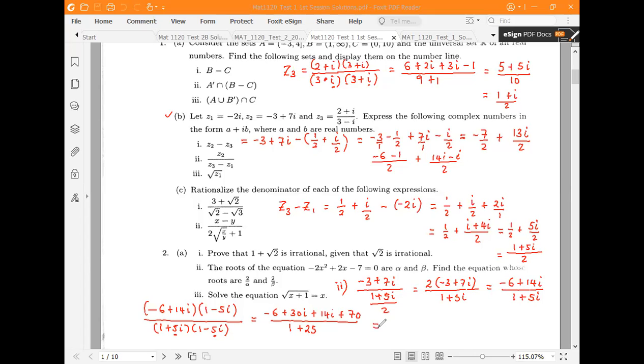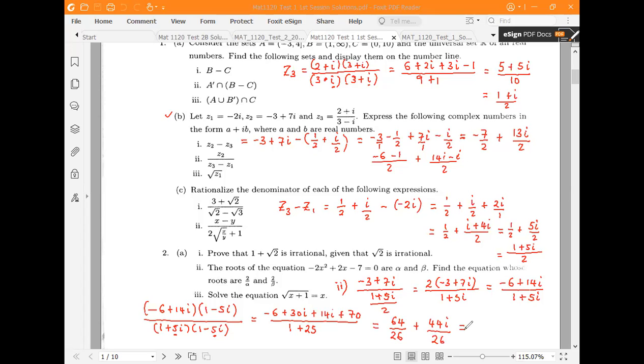So now we have minus 6 plus 70, and that's positive 64 over 26. 30i plus 14i, that's plus 44i over 26.